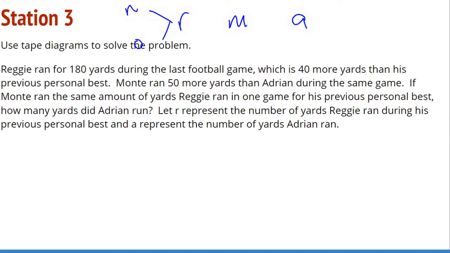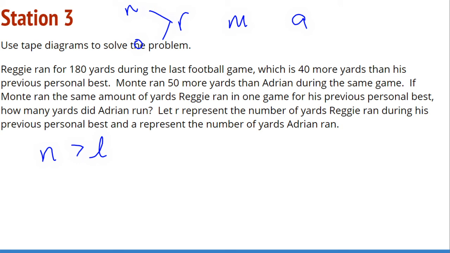Okay. Reggie ran for 180 yards during the last football game. That's 40 more than his previous personal best. So I'm going to use an N for Reggie's new personal best, which is going to be greater than his old personal best, which I'll use an L for. Monty ran 50 more yards than Adrian during the same game.